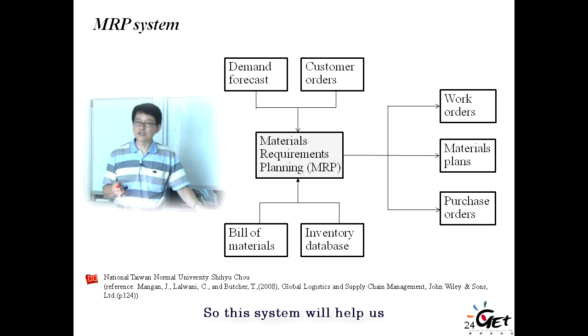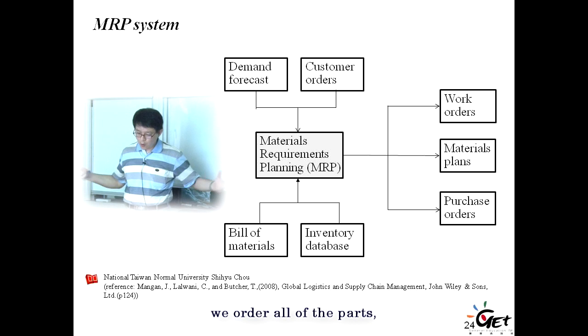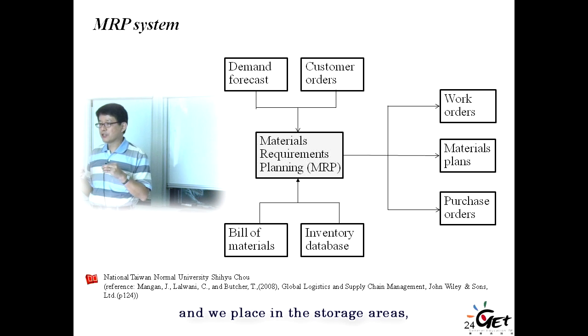So this system will help us plan this kind of orders, so that we can reduce our inventory costs. We don't need to order all of the components in the beginning and place them in storage areas.